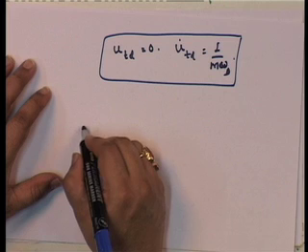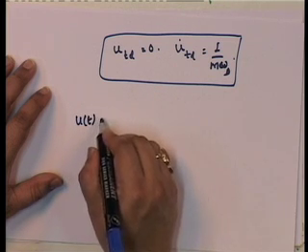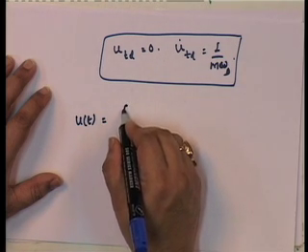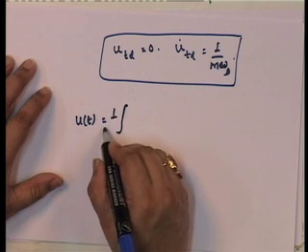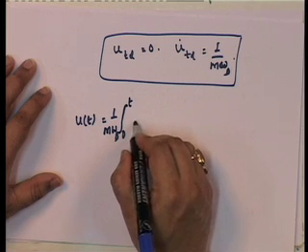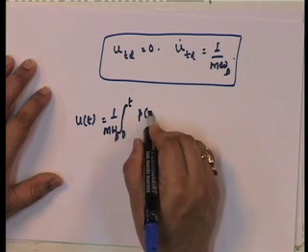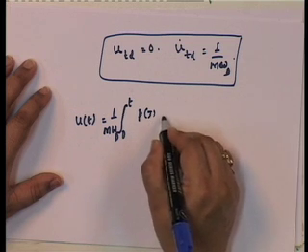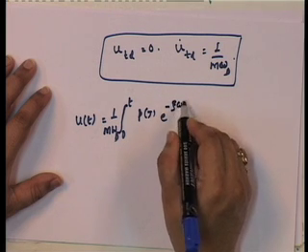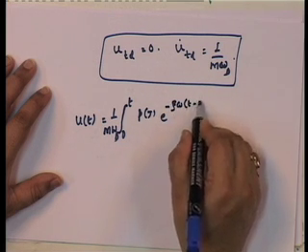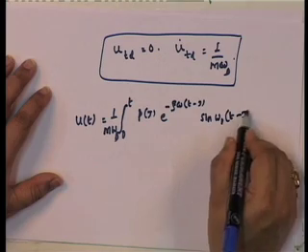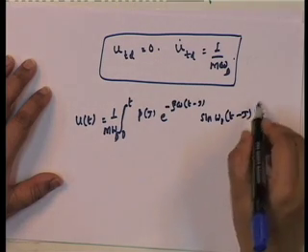So, I get u of t is equal to 1 upon m omega d, integral 0 to tau, p tau, e to the power of minus xi omega t minus tau, sin omega d t minus tau, into d tau.